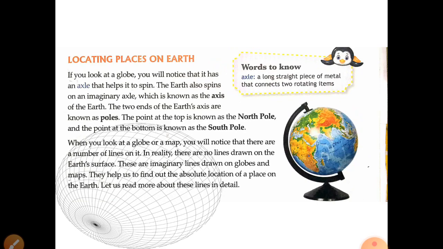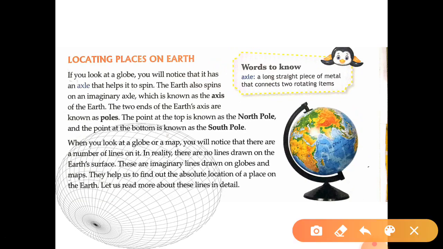Next one, locating places on earth. If you look at a globe, just look at this globe, you will notice that there is an axle that helps it to spin. Here you can see the axle which helps this globe to rotate, to spin. The earth also spins on an imaginary axle which is known as the axis of the earth.